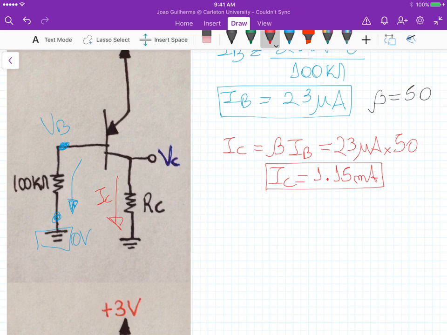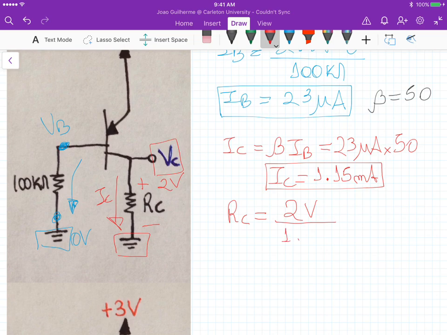Now, if we want to force this voltage VC to be equal to 2 volts, we need to make sure that the voltage drop across this RC here is actually those 2 volts, because the other terminal here is grounded. So if we calculate that, we can define the value of our resistance RC as the voltage that we want at VC divided by the current IC.